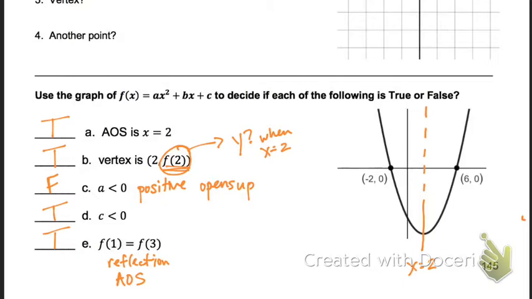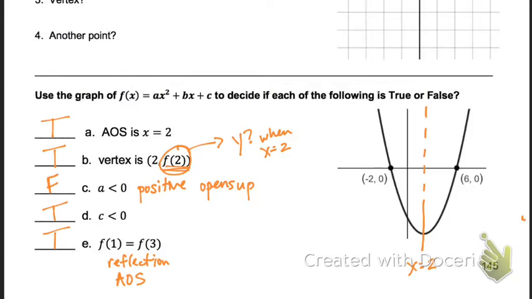So that makes this a true statement. We don't know a, b, or c. They're just letters right now. We don't even know the actual function. But we do know that the vertex would be 2, comma, whatever y is when we plug in 2.